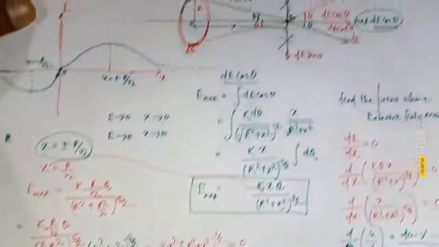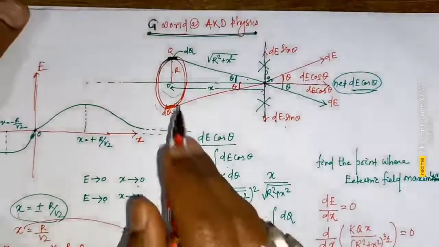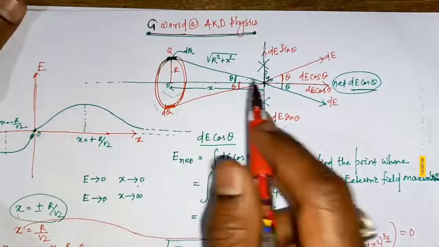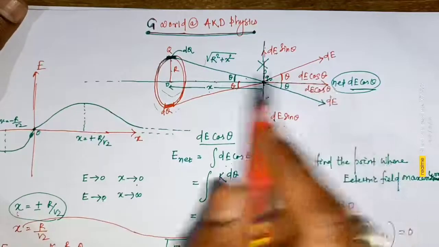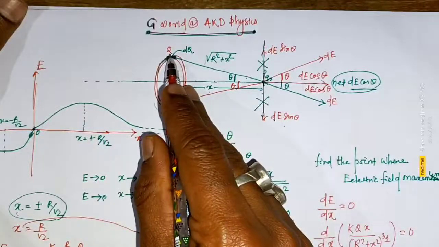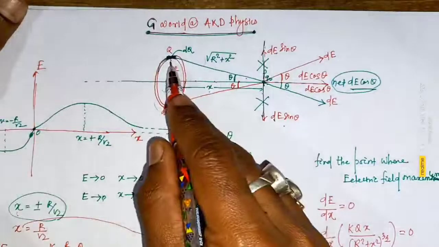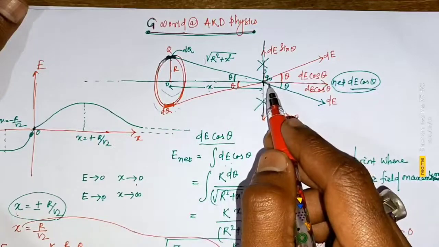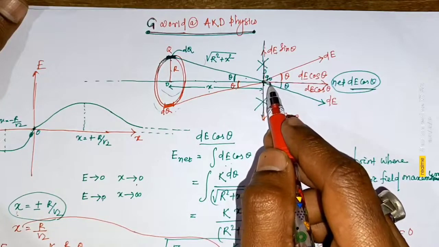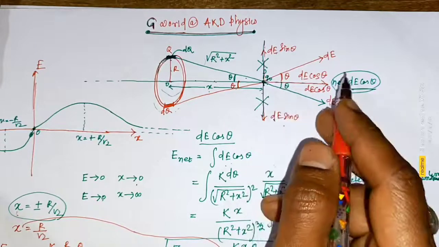Let me summarize what I did here. We are finding the expression of electric field on the axis of the ring. Let's consider a ring, total charge is q. I consider a very small element. Let x be the distance from the center of the ring to point P, where we need to find the electric field.